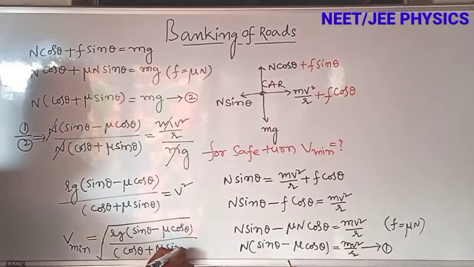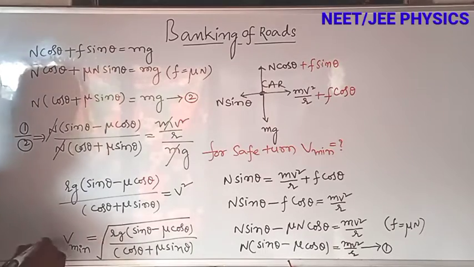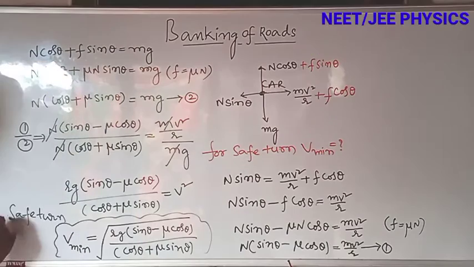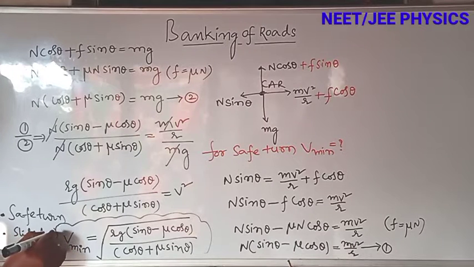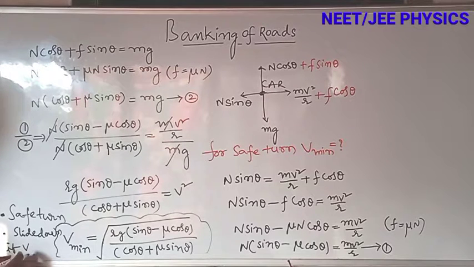This is the minimum velocity to get a safe turn on the circular track. If you decrease the velocity below this minimum velocity, the car will skid downwards or slide downwards, that is, V is less than V minimum.